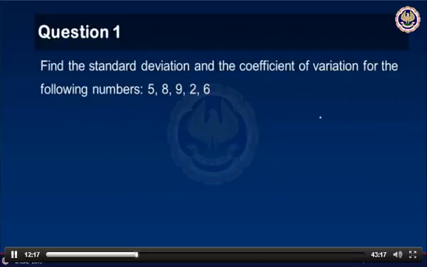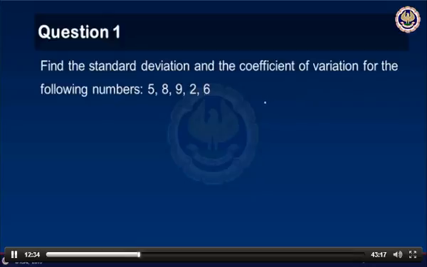Question number 1. Find the standard deviation and the coefficient of variation for the following numbers: 5, 8, 9, 2, 6. Before computing, we should know the formulas.